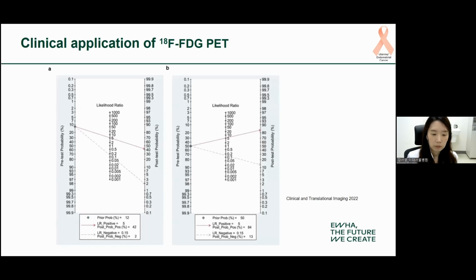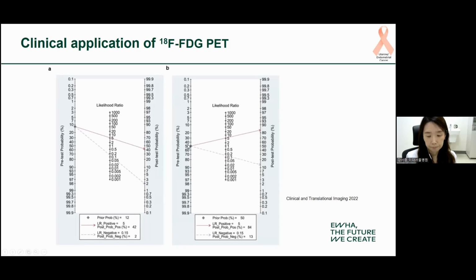And also the Fagan nomogram data indicated that when the pretest probability was set at 12%, a negative result for uterine sarcomas decreased the post-test probability to 2%.